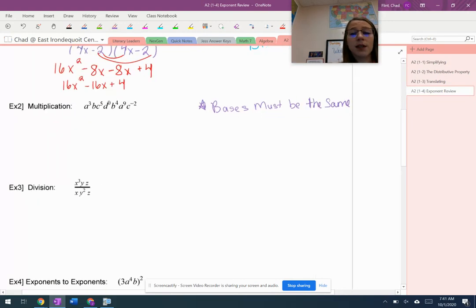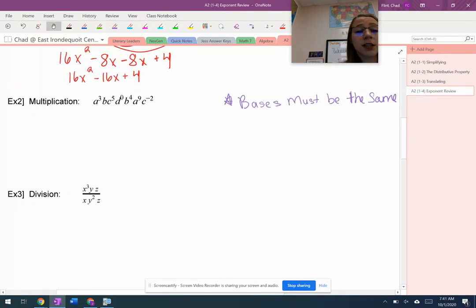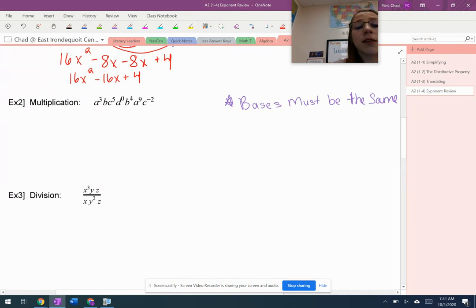Your bases must be the same when you're dealing with those multiplication pieces. And when you're multiplying, you add the exponents.